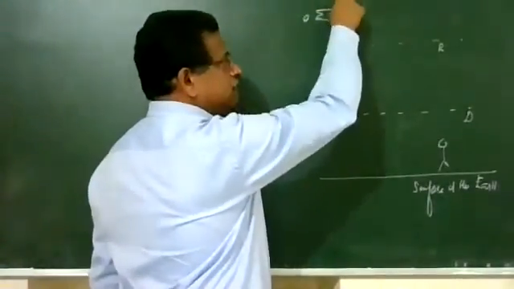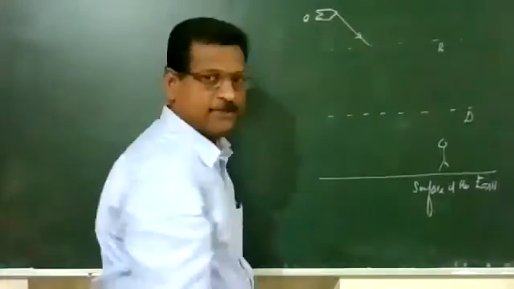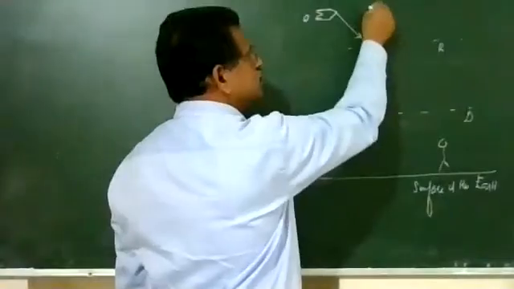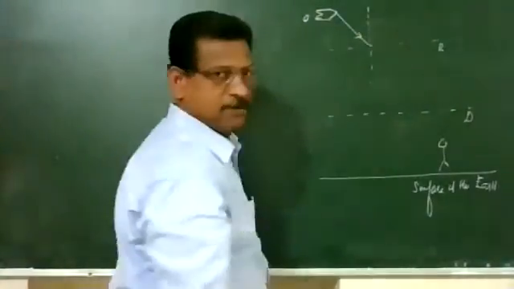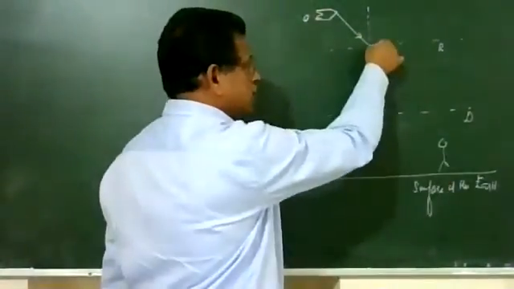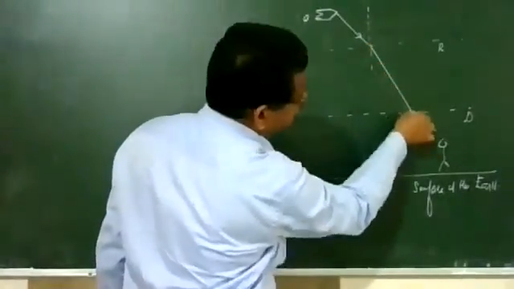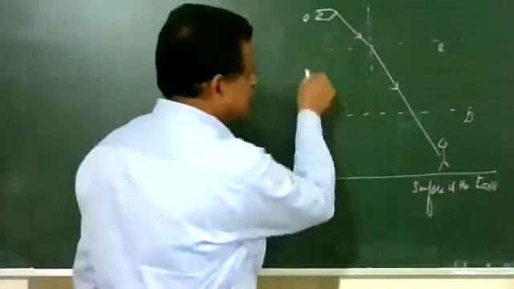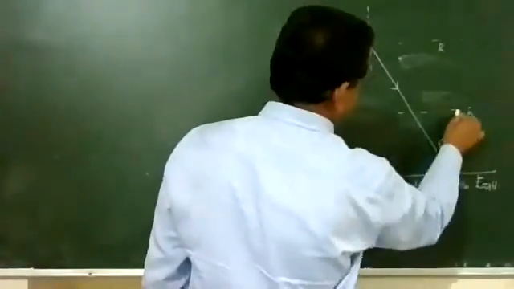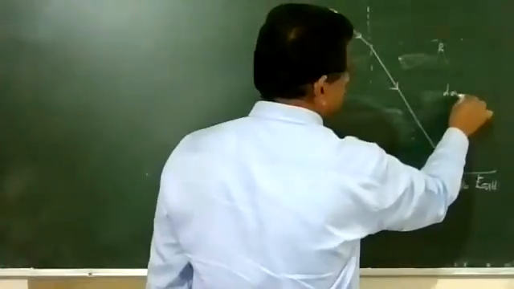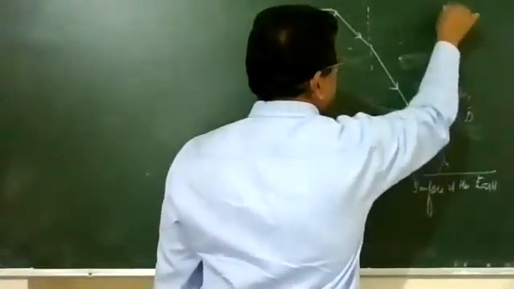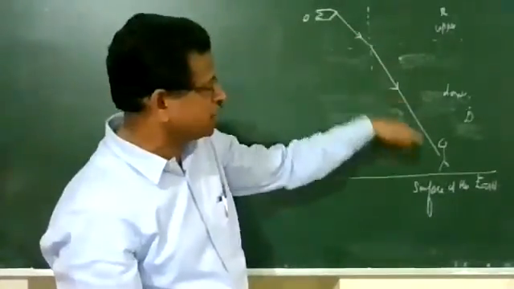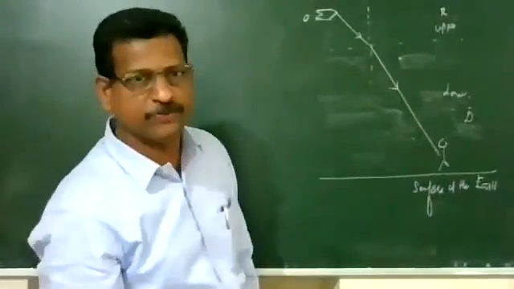The ray coming from the object crosses the boundary between the rarer medium and the denser medium, so it bends toward the normal. The lower part is denser and the upper part is rarer. Light comes from rarer to denser, bends toward the normal, and reaches you.